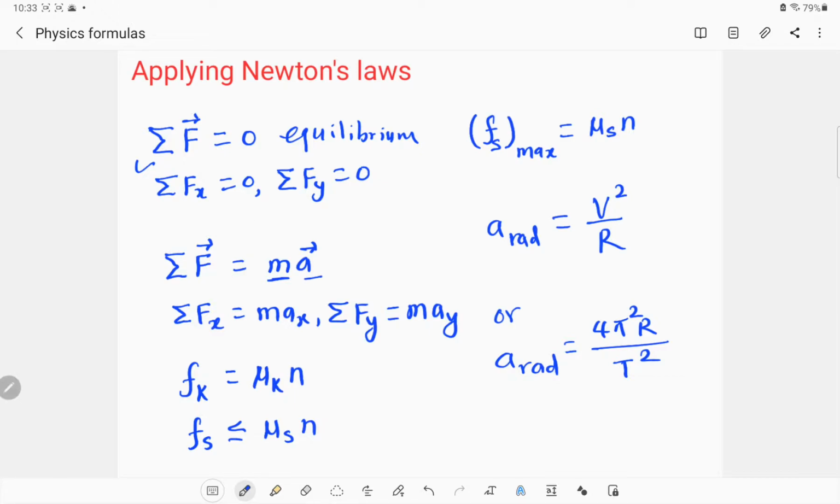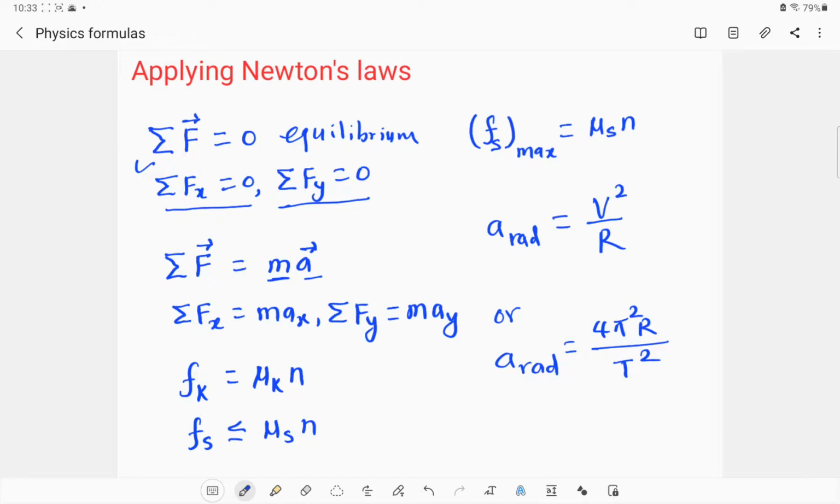That means you are splitting vector F, which is force, into its x component and y component. Look here: the first equation is the x component of the net force, and the second equation is the y component of the force. Get the equations along the x-axis and y-axis.